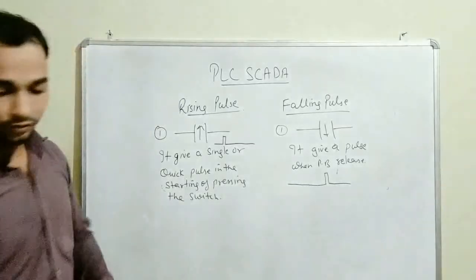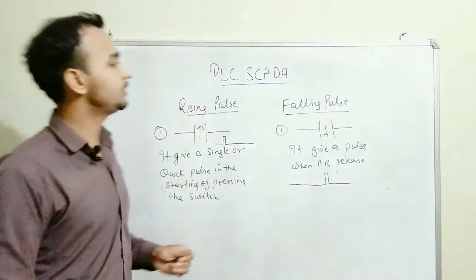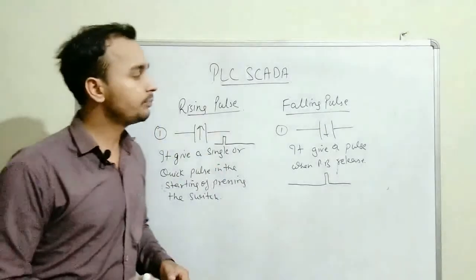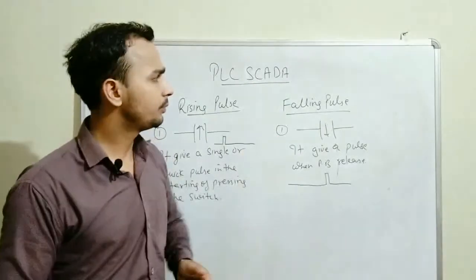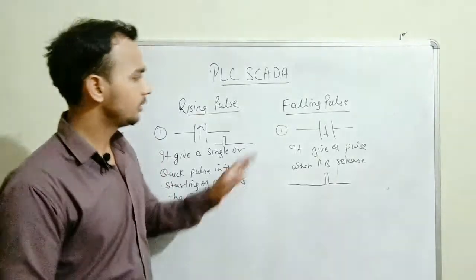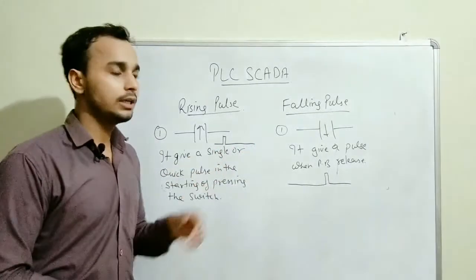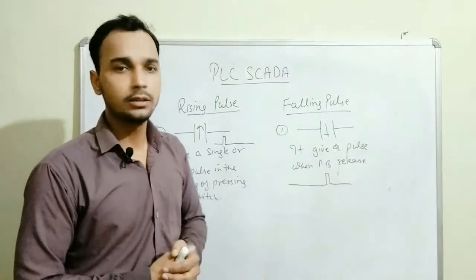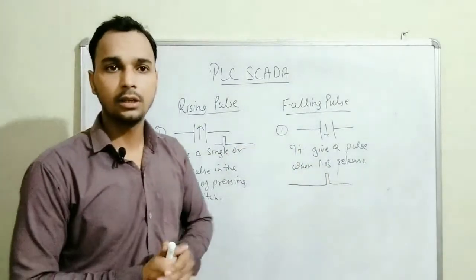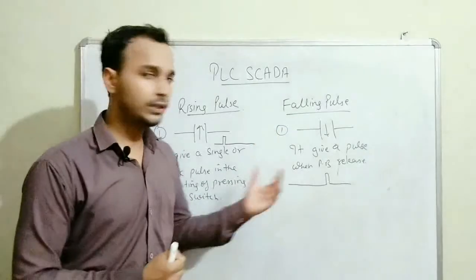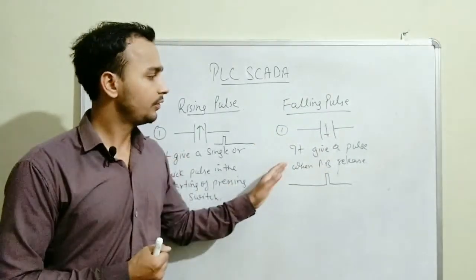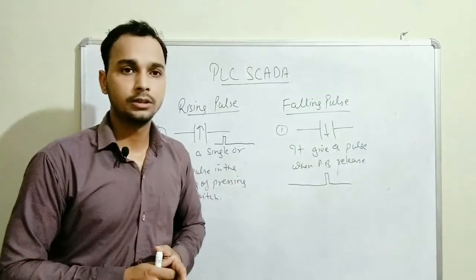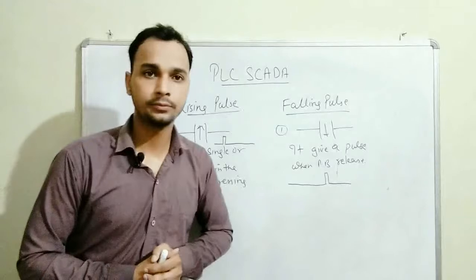Rising pulse and falling pulse instructions are used for a quick pulse, so we can make a project with a single push button. We can use this pulse if we are making a parking project, where we will use rising pulse. After that we will do these instructions on the PLC also. Let's move on to the next topic.